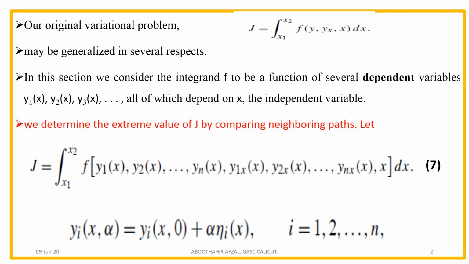Suppose if i is equal to 1, I will be getting alpha eta_1(x), plus y1(x, 0). Similarly, you will get n number of equations for n dependent variables.